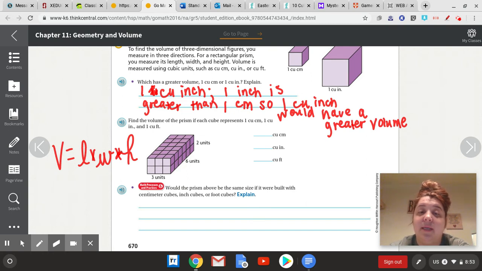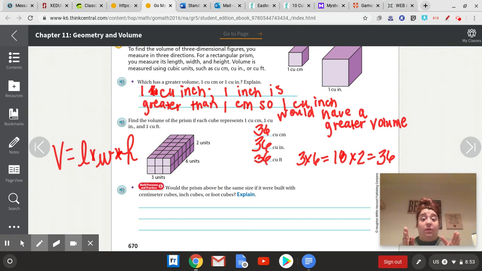Well, 3 times 6 equals 18, and 18 times 2 equals 36. None of those answers are going to be different. They're all going to be 36, but the centimeters one is going to be only 36 cubic centimeters, while the inches is going to be 36 cubic inches, while 36 cubic feet is going to be pretty big, okay?